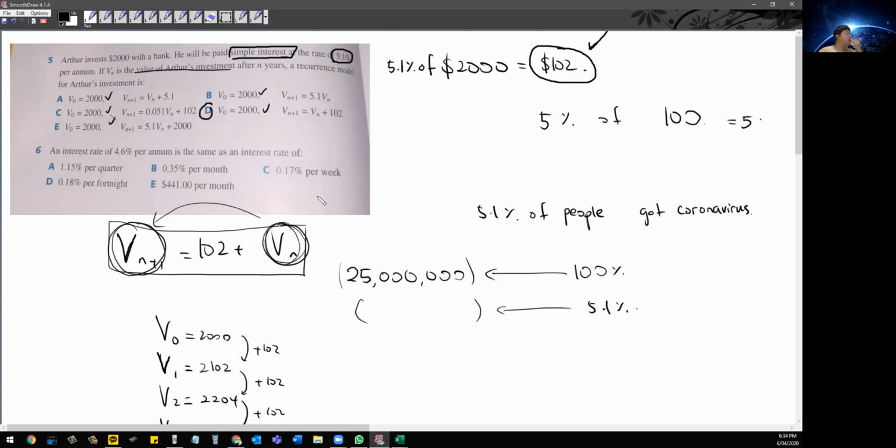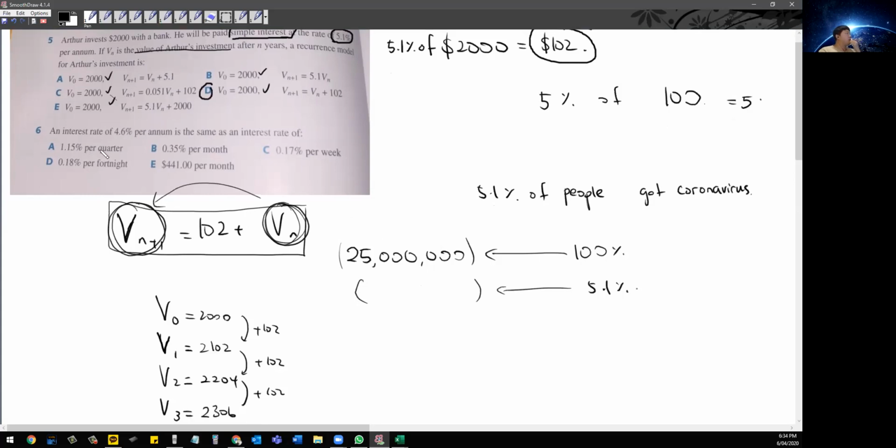Very good. Number 6, an interest rate of 4.6% per annum. Per annum means per year. Is the same as an interest of how much per quarter, per fortnight, per month, per week? So we're going to do all of them.